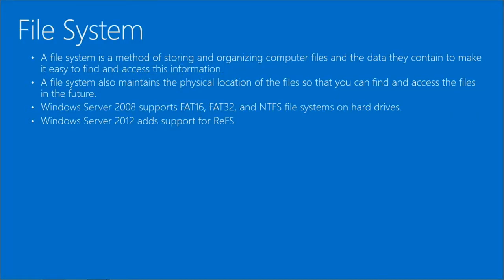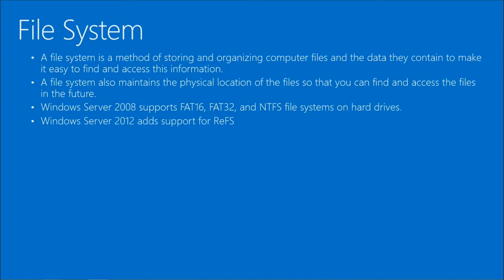So again, we're barely scratching the surface. The file system is a method of organizing content and data on the disk. It makes the data easier to find so the operating system can find data that it's put on the system. It maintains the physical location of the files and the data so you can find and access the files later.